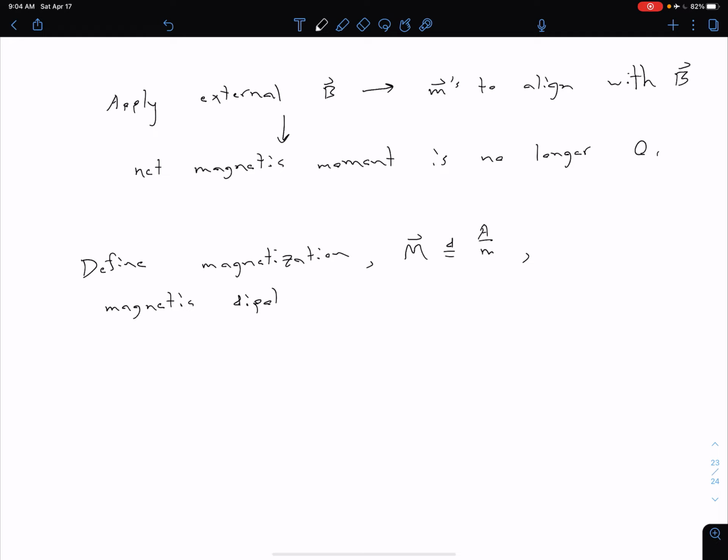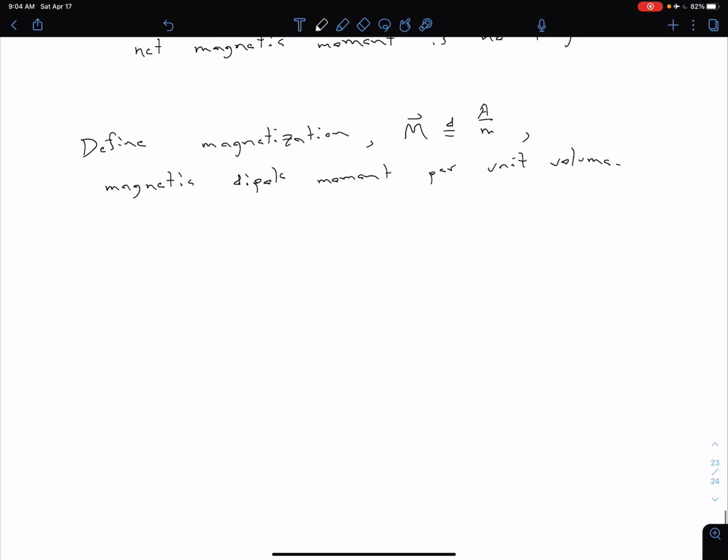So magnetic dipole moment per unit volume. So let's extend that to some arbitrary volume. Let's say we have N atoms in some volume delta V, some differential volume.